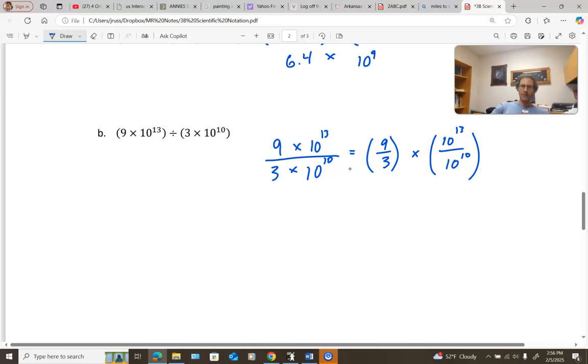So 9 divided by 3 is 3, and then 10 to the 13th divided by 10 to the 10th, you subtract exponents. 13 minus 10 is 3, so we get 10 to the 3rd. And again, double check to make sure this number is between 1 and 10, which it is, and we're good. This is the same as 3 times 1,000, which is 3,000. If you have a power of 10 and an exponent, the exponent just tells you the number of zeros you have.